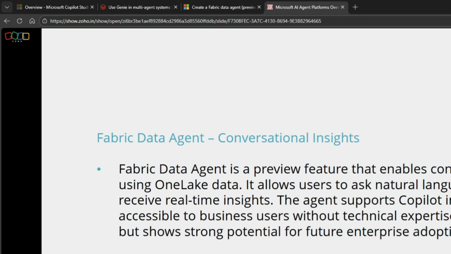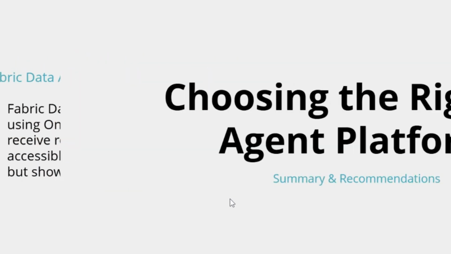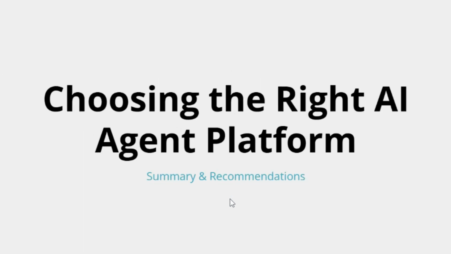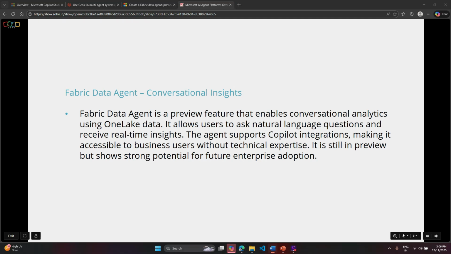And then Fabric Data Agents, which is built on top of OneLake. For people who are not familiar with OneLake, I think it's a recent addition. It's a central repository which has data from all the data sources. Previously it was in bits and pieces.